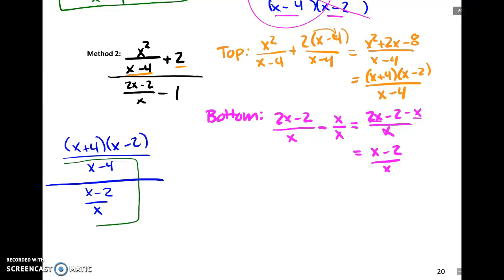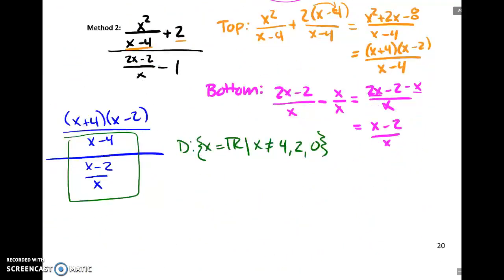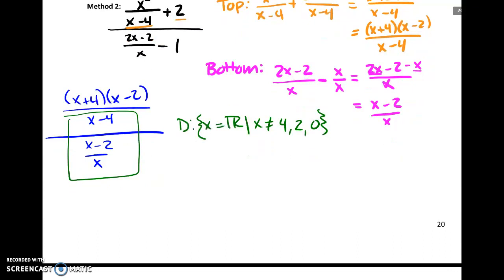So you're going to look at these right here. My domain: x equals all real numbers such that x does not equal, okay, x minus 4 equals 0, so x equals 4, 2, and 0. Okay, notice that this is the same domain that we got up here, 4, 2, and 0. So that's a good start.